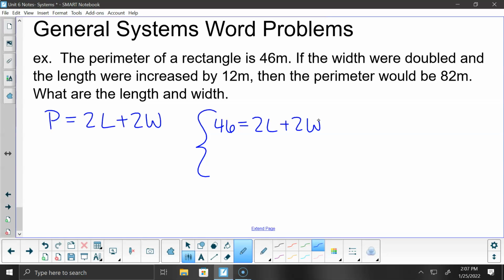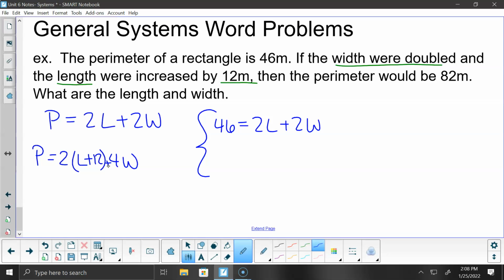All right, now for the second equation, it says that the width is doubled and the length is increased by 12. So what does that even mean? So I've got my new perimeter equals width times 4, so 4W, and then it's 2, and my new length is going to be L plus 12.